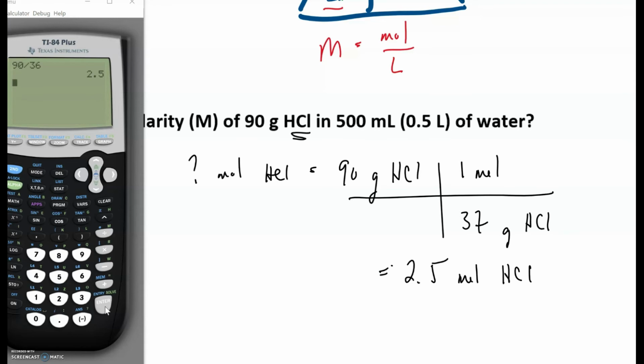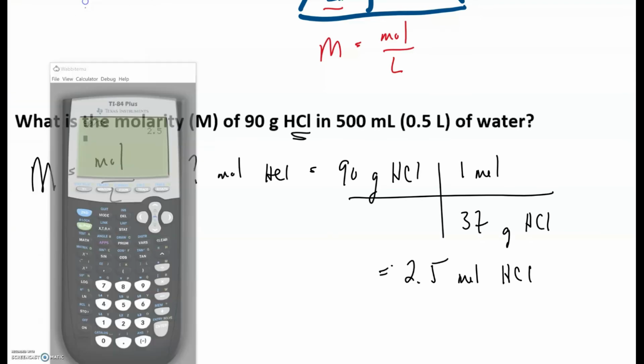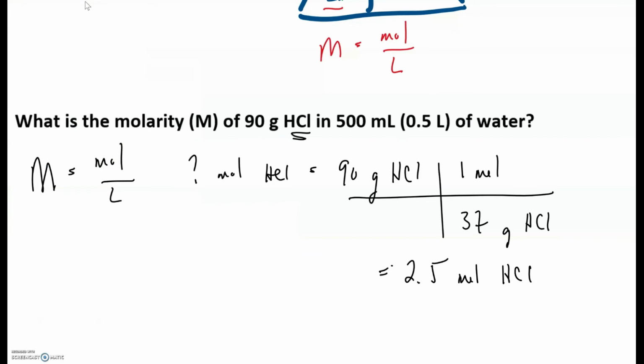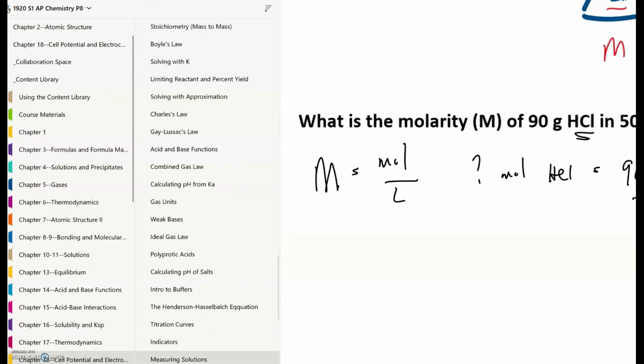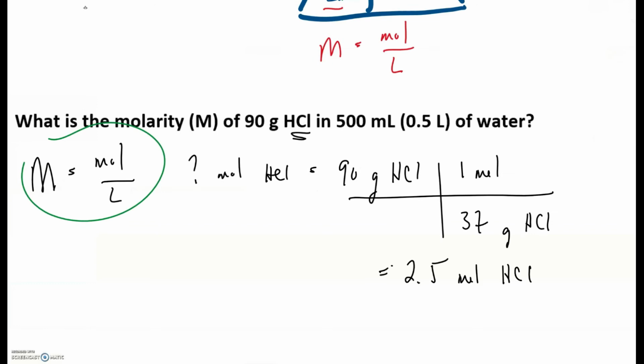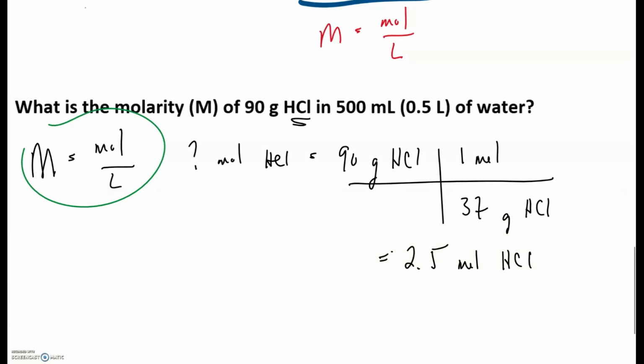Now, what we want to do is find out what the concentration is. To do that, we're going to plug that into the equation for molarity. So what's our molarity? We've got 2.5 moles of HCl. And how many liters of solvent do we have? 500 mils, otherwise known as 0.5 liters.